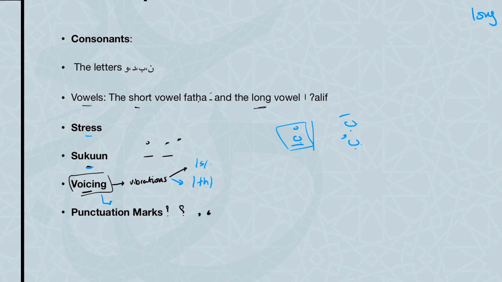So we call the s sound unvoiced, while the z sound is voiced. And why are we learning this? Because later in the future we will start to differentiate different sounds by their phonetic features.